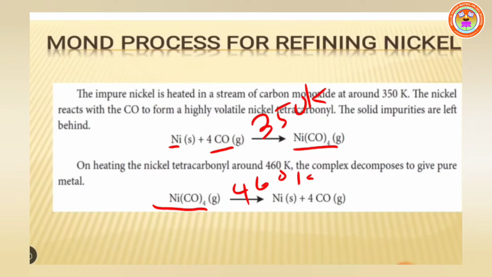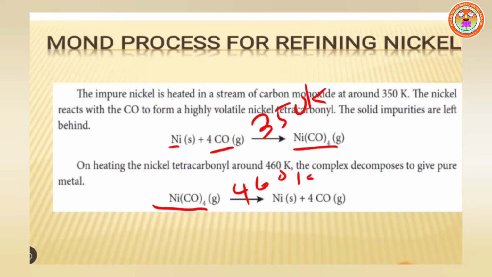The equation for the decomposition of nickel tetracarbonyl is Ni(CO)4 gives Ni plus 4 CO. Here we will get pure nickel. An easy method, and at the same time an important 2 mark or 3 mark question.